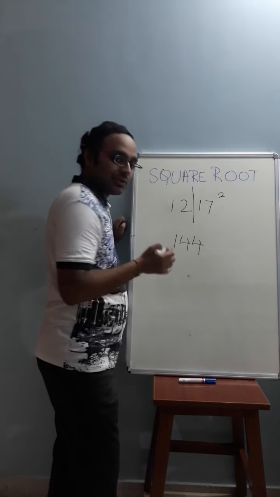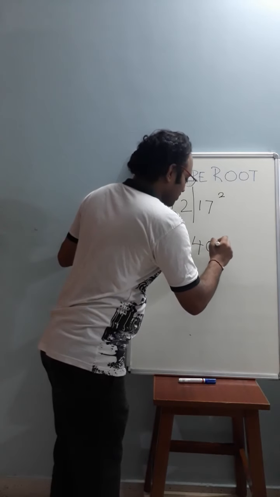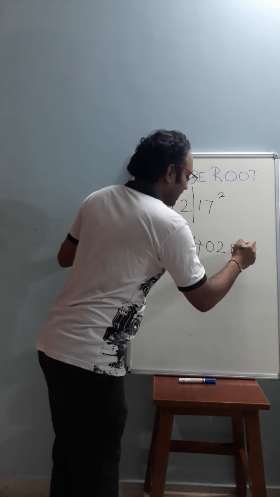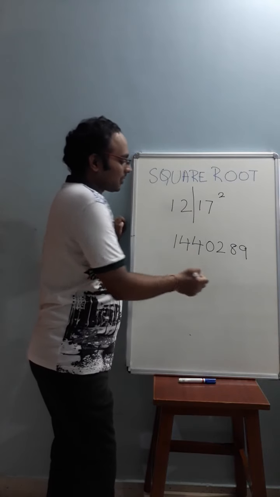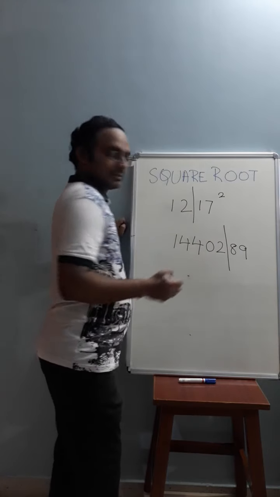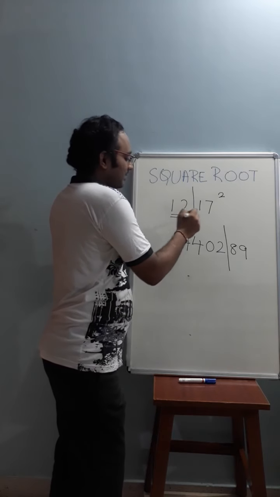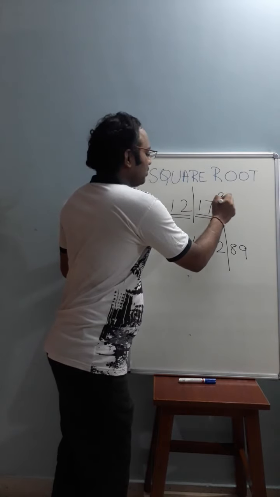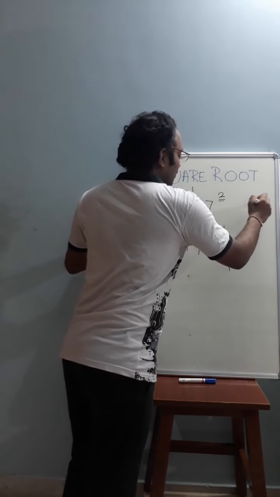2 into 2 is 4, so we have to write it in 4-digit format. So we have to write it as 0289. Here we have written a slash after two digits, so repeat the same here. Multiply 12, 17 and 2. 12 into 17 is 204.